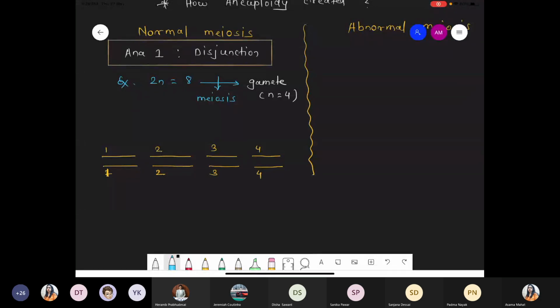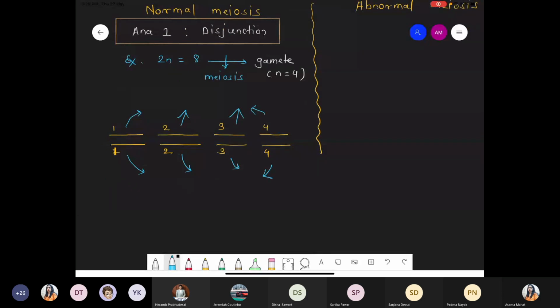During anaphase, chromosome number 1 separates from its partner because they are homologous. 2 also separates, 3 also separates, and 4 also separates. Now there is formation of two gametes, one cell here and one cell there, each a gamete.